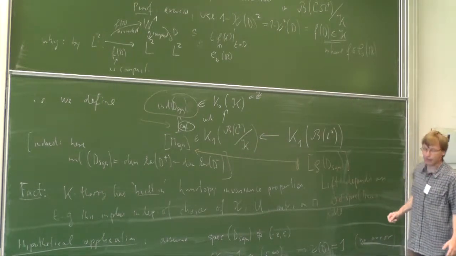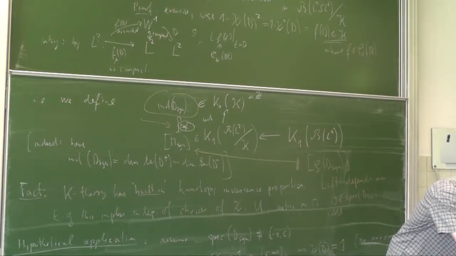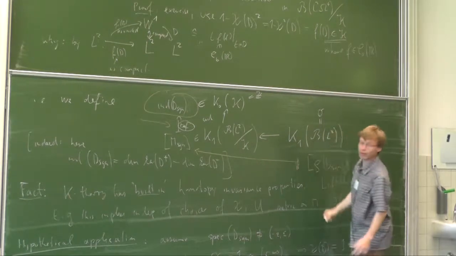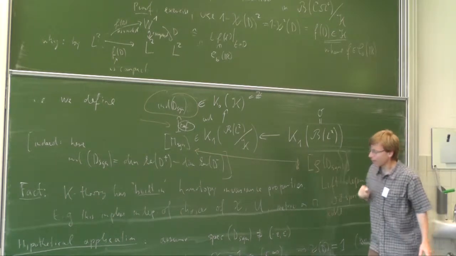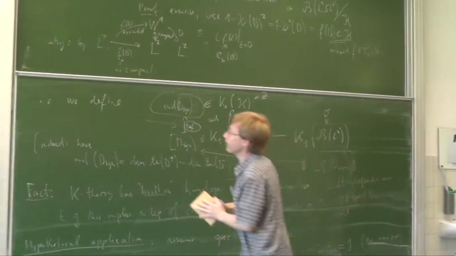Okay? Now this is a doubly hypothetical set because we can compute K1 of the bounded operators as 0 anyway, so it is not most exciting to find this lift. However, I just wanted to point out this general pattern.